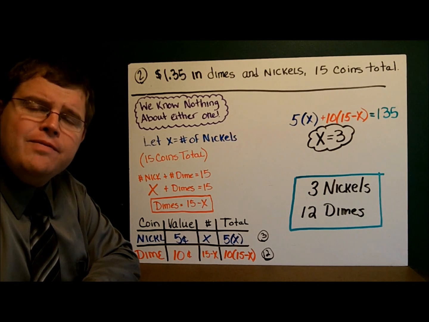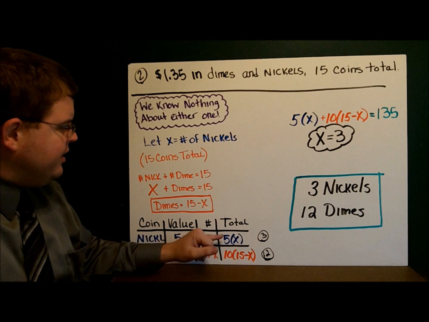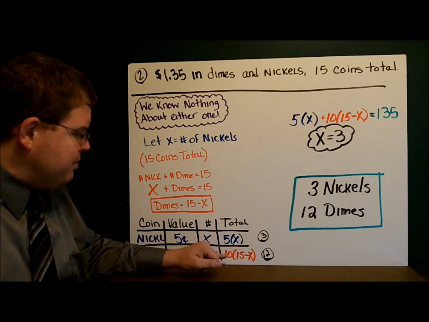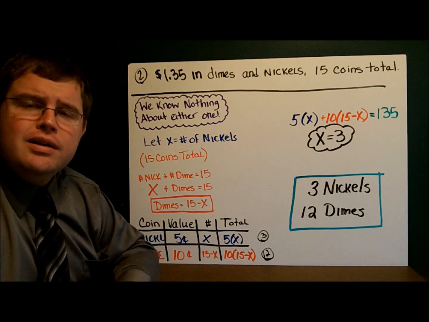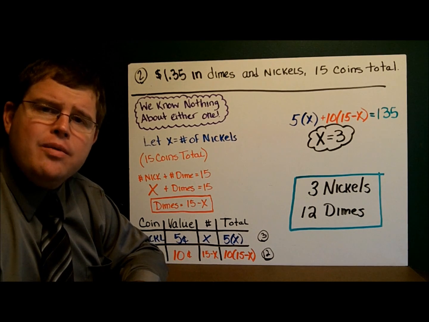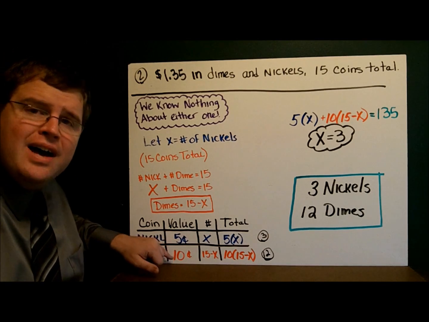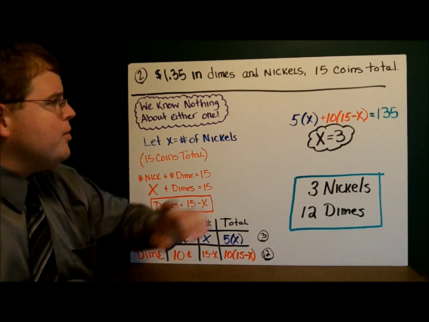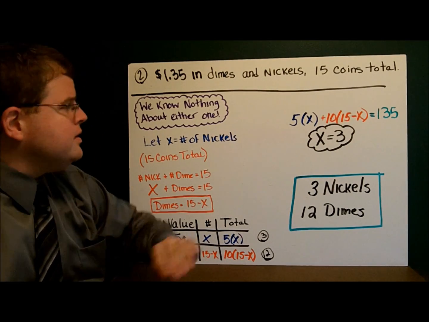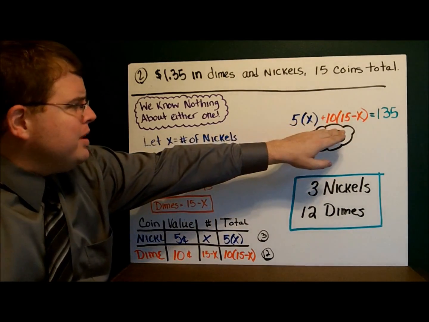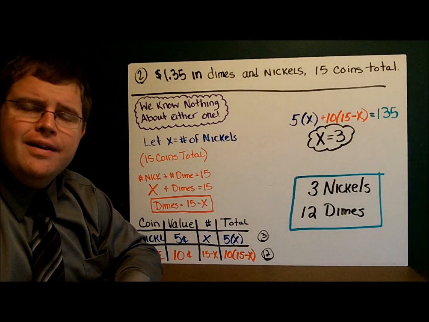Once I've done that and filled out the table, then I simply go through and write the equation. This amount here plus this amount here equals $1.35. But once again, instead of writing 1.35, because I wrote 5 cents as 5 and 10 cents as 10, I'm going to write this without a decimal point also, 135. 5x plus 10 times 15 minus x equals 135.